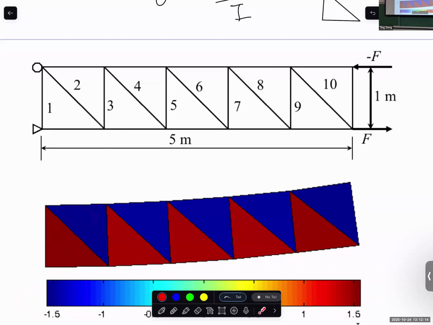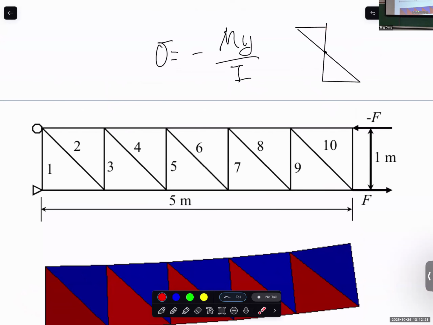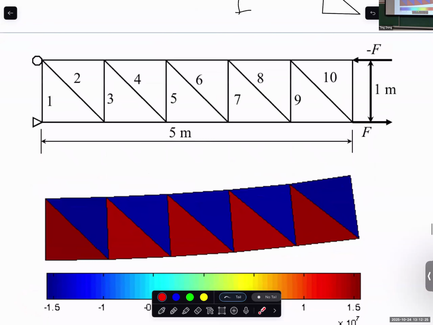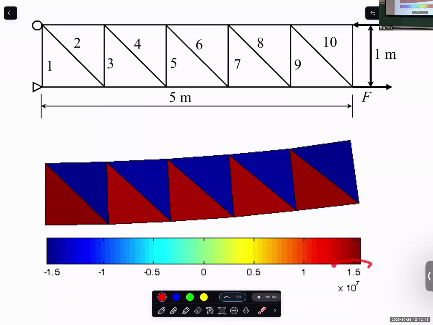Of course, there's some jump from higher stress to lower stress because I already explained that the upper surface is compressive, bottom surface is tensile. So there's some jump, but within each element, they are constant, right? And we know that this is an approximation. And you can see here, this is the maximum stress when we use 10 elements.